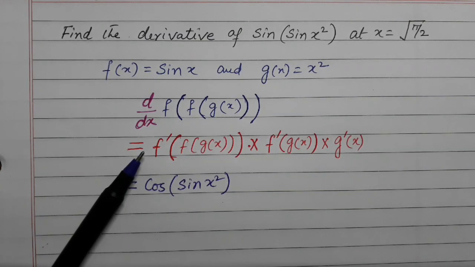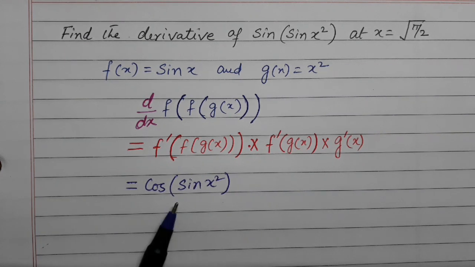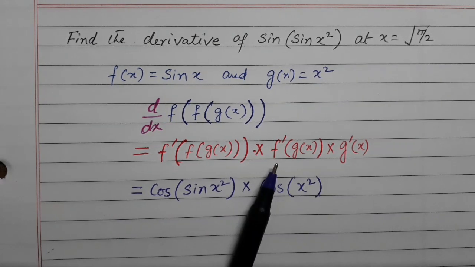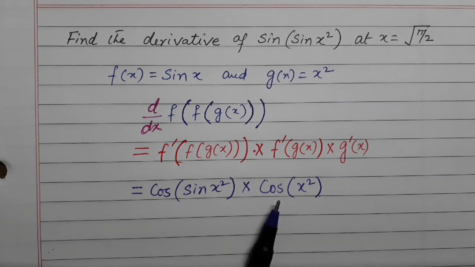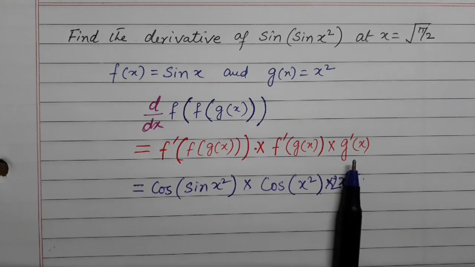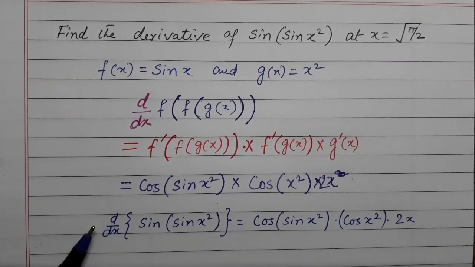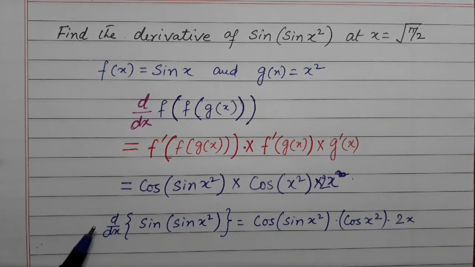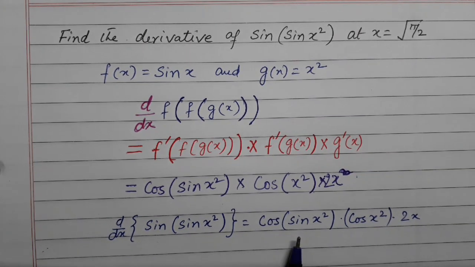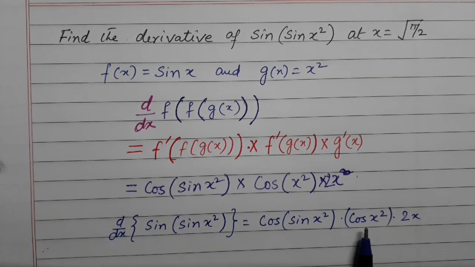Therefore f'(f(g(x))) will be cos of sine x square, now into f'(g(x)). So we need to differentiate sine g(x), which will give cos of x square as g(x) equals x square. Now into g'(x), which gives 2x. So d/dx of sin(sin x square) will become cos of sine x square into cos of x square into 2x.